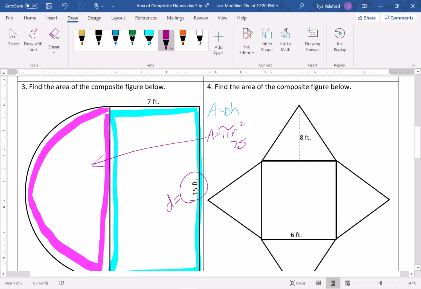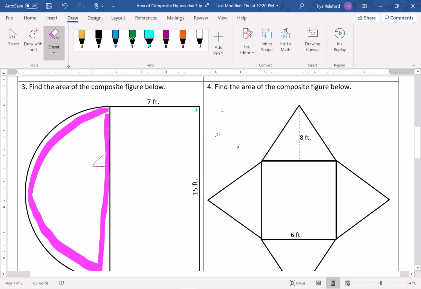My suggestion is just to use 3 for pi. If I can see it on your work, I'm not going to count it wrong. But it's going to be a 4 decimal place answer. So, watch that when you do that. Make sure you divide by 2 for your circle area.